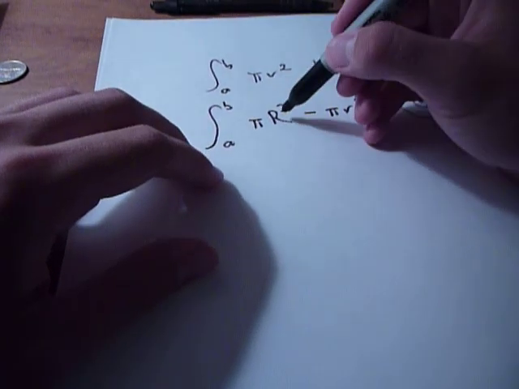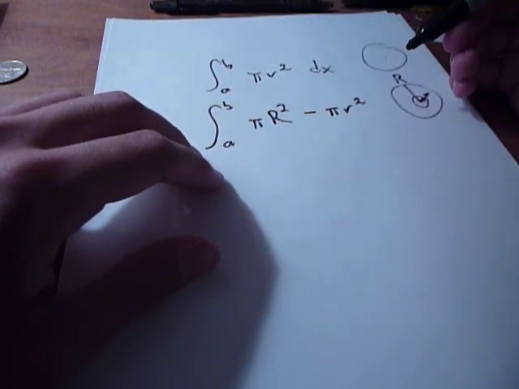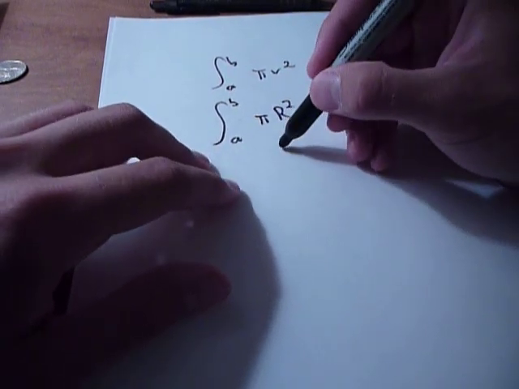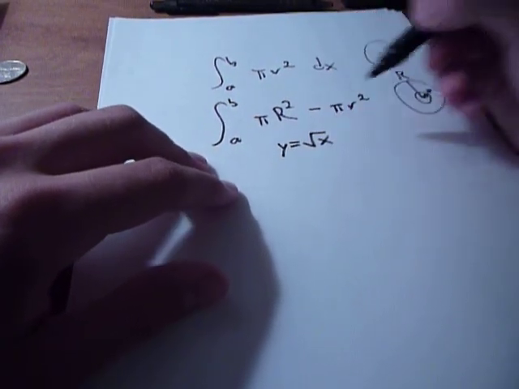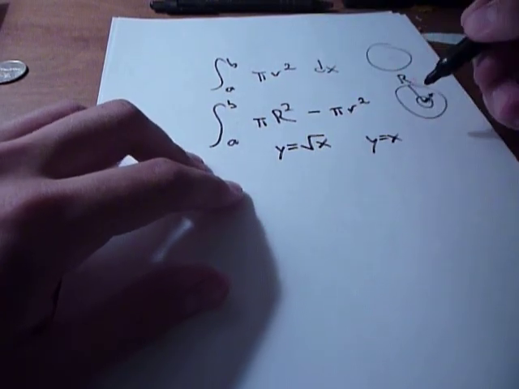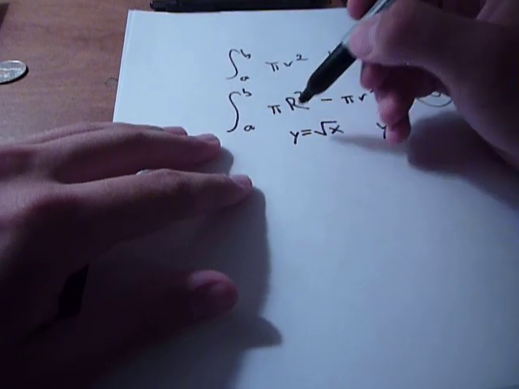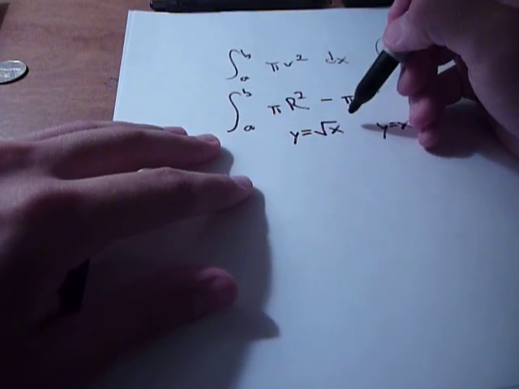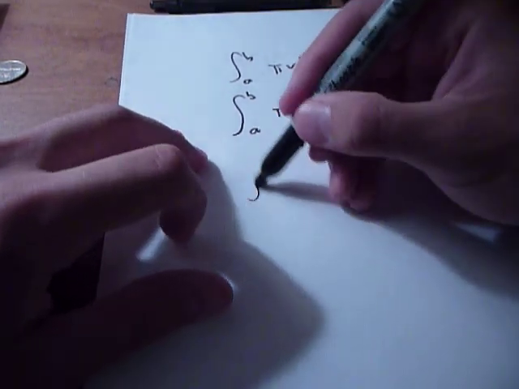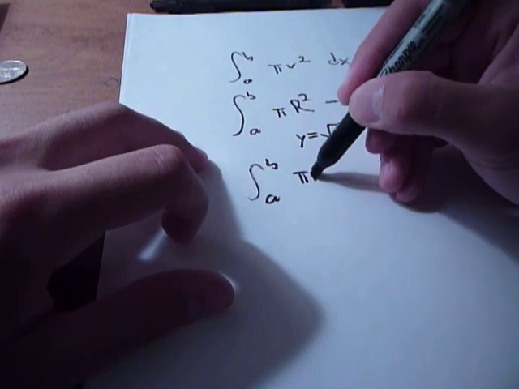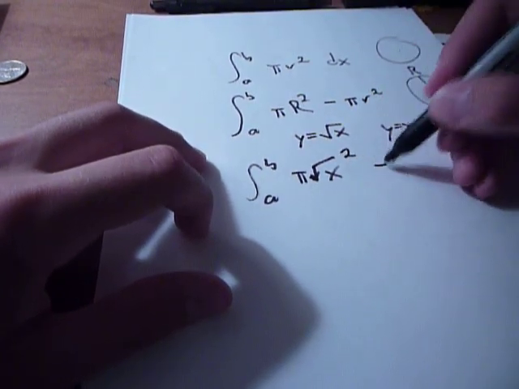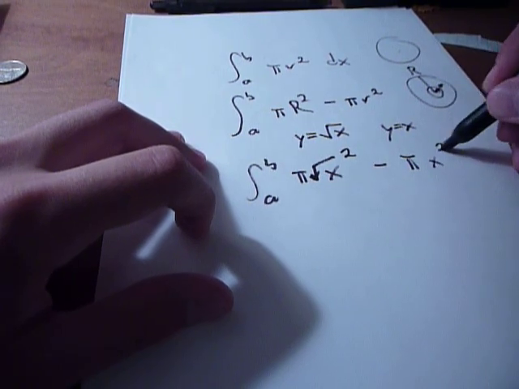So in the case of this example, our bigger R is y is equal to root x, and then our lowercase r is y is equal to x. So you just plug y is equal to root x in for capital R, and then y is equal to x for lowercase r, which gets you pi root x squared minus pi x squared.